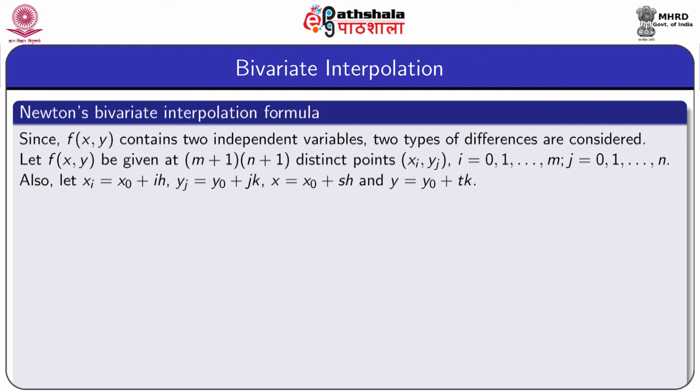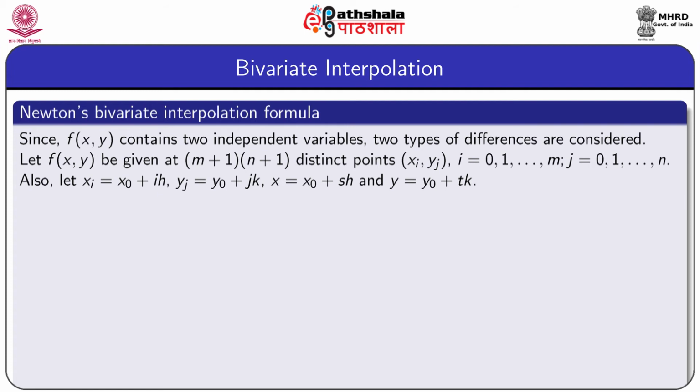Now we consider another bivariate interpolation formula known as Newton's bivariate interpolation formula, and for this case we consider a set of bivariate points, that means xi, yj at m plus 1 into n plus 1 distinct positions, and also we assume that xi equal to x0 plus ih and yj equal to y0 plus jk.